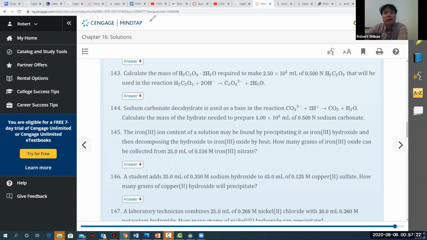I can even make this faster, more compact, but I'm going to do iron 3 nitrate. And then we're going to precipitate it as a hydroxide. So we'll need 3 sodium hydroxides because we're going to form iron 3 hydroxide. So this is going to be a 1-to-1 mole ratio here, plus sodium nitrate, so plus 3 sodium nitrates here. And then the next step is we're going to decompose this.